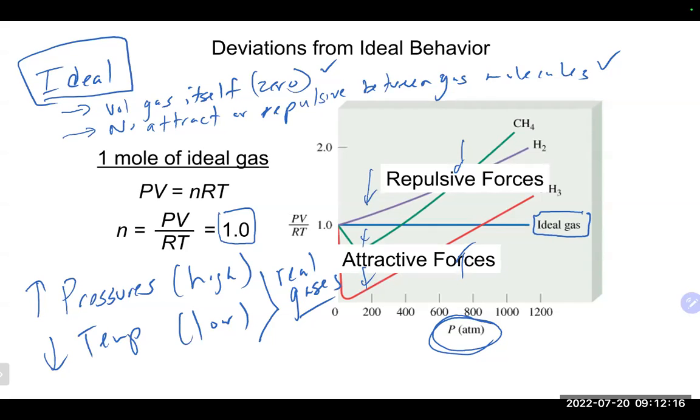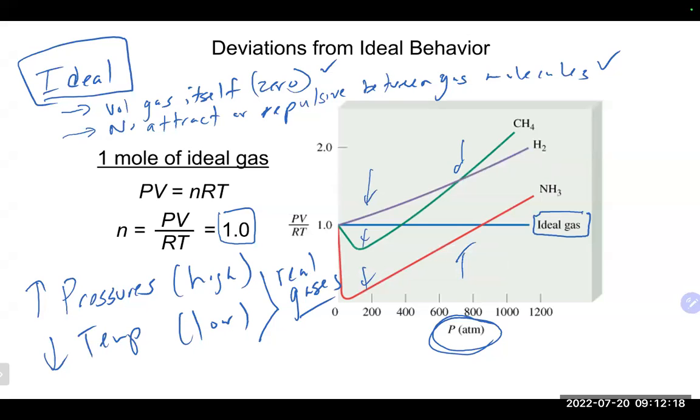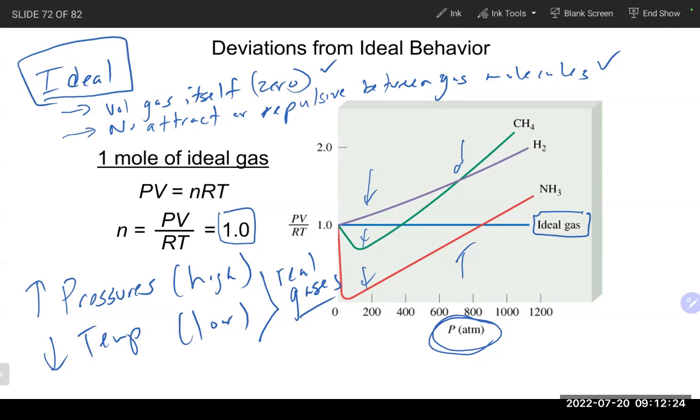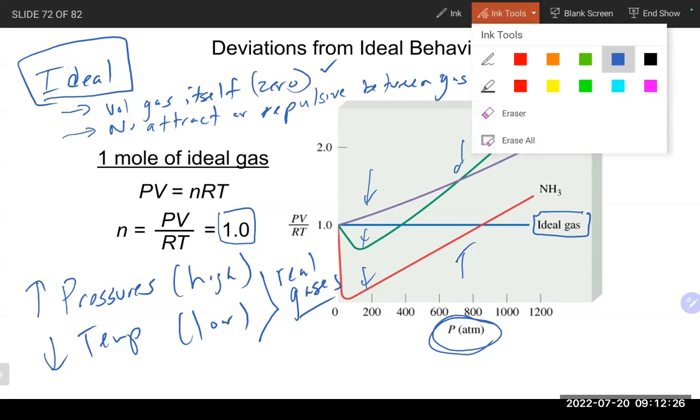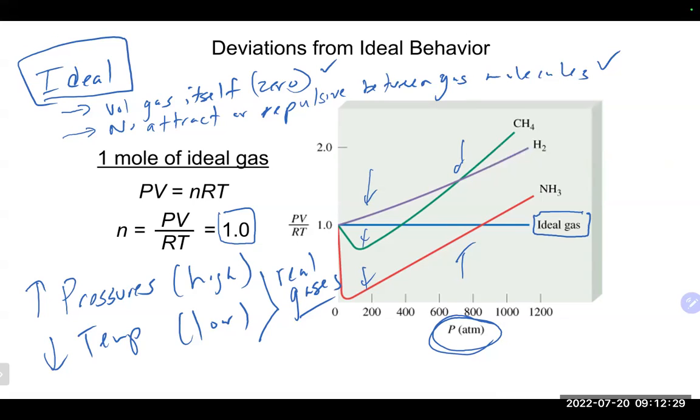So why do we, in most cases, think of gases in an ideal situation? The reason is that under normal pressure, which we talked about is pretty much 1 atmosphere, which is way over here, even a little greater than 1 atmosphere, gases are still behaving pretty ideally.